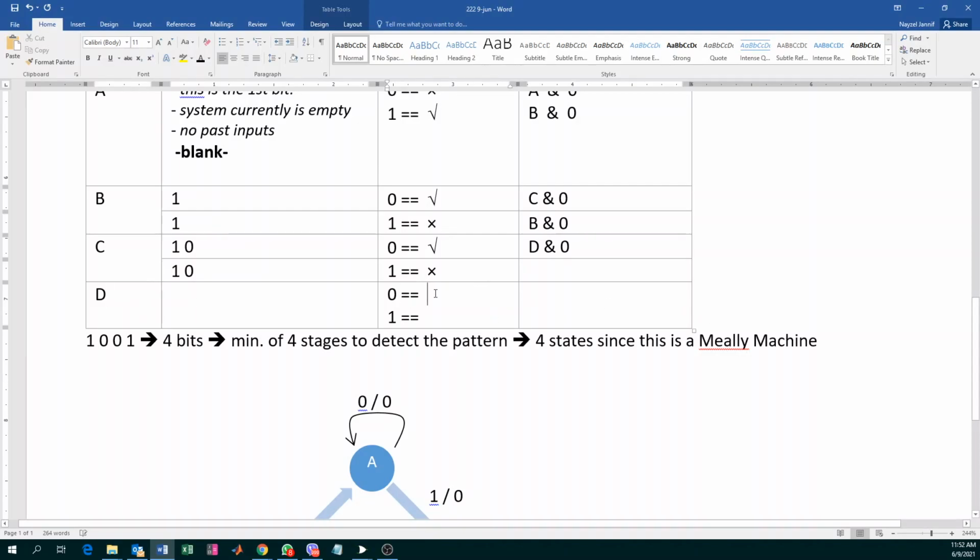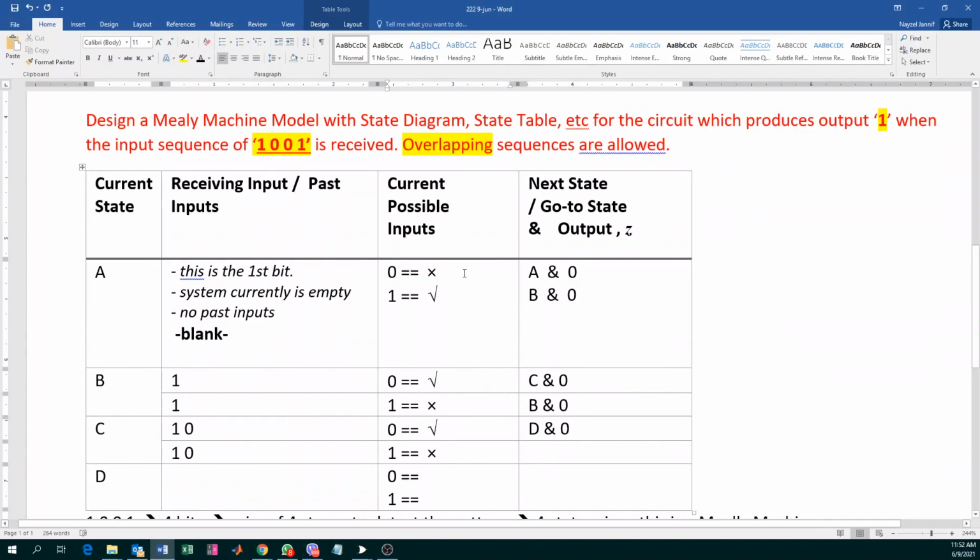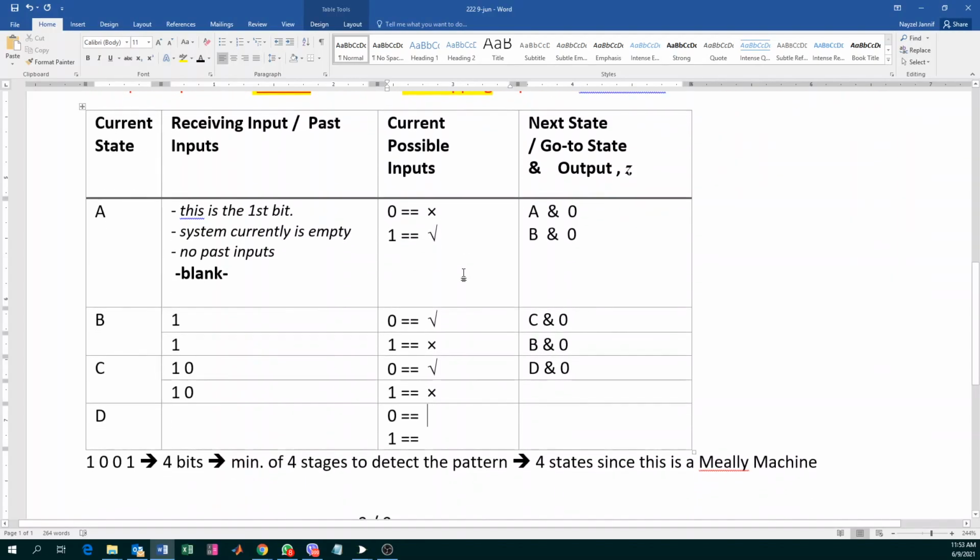And what happens if you get a 1 over here? Well, if you receive a 1, you can go back to B. Why do we go back to B if we receive a 1? Well, because the first part was already correct, right?